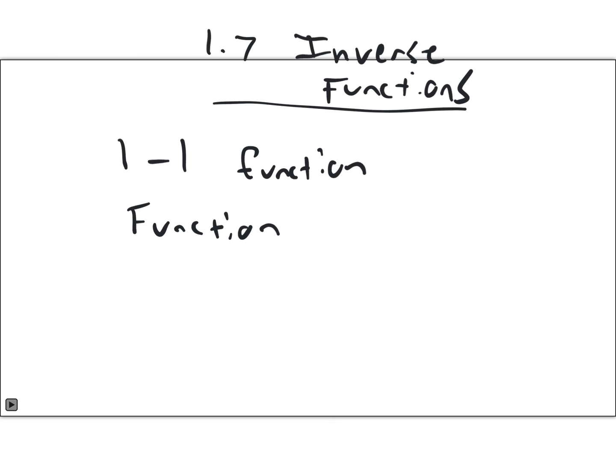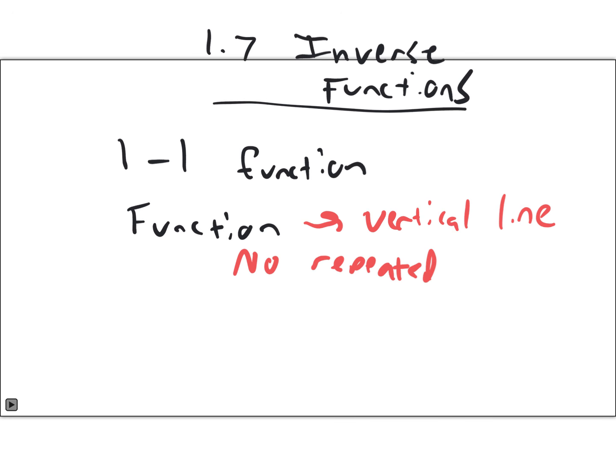And so there are two different tests. For a function, we basically use the vertical line test. In other words, no repeated x's. What that means is there are no values in the domain that are repeated.